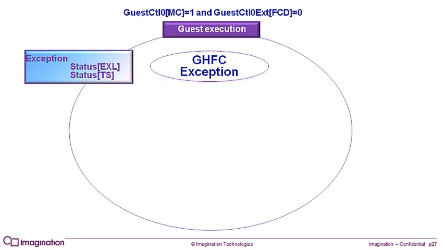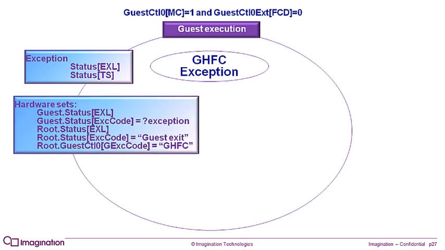The guest hardware field change exception is triggered by a hardware change to one of two status fields. EXL indicates an exception has happened, and TS indicates that the TLB is about to shut down due to a duplicate entry being placed into it.